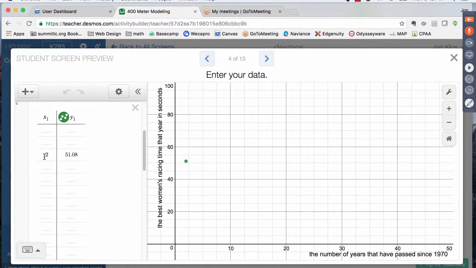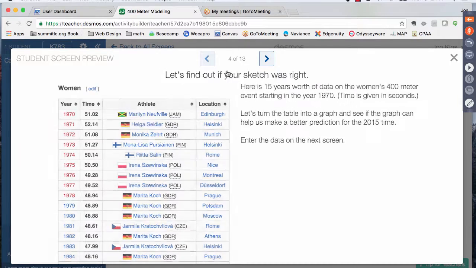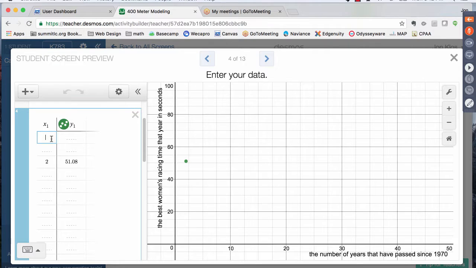They've already given 2, that's for 1972, with a time of 51.08. But let's start with 1970 and 51.02. So 1970 is 0 years after 1970, with 51.02. This X column is years after 1970, and the Y column is the time.